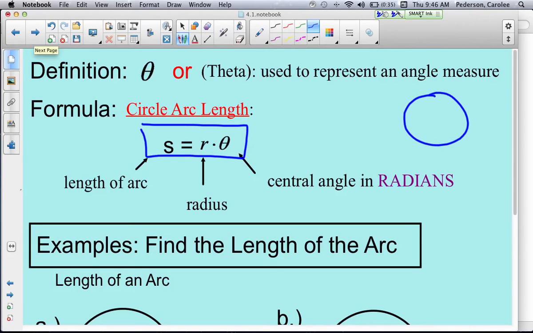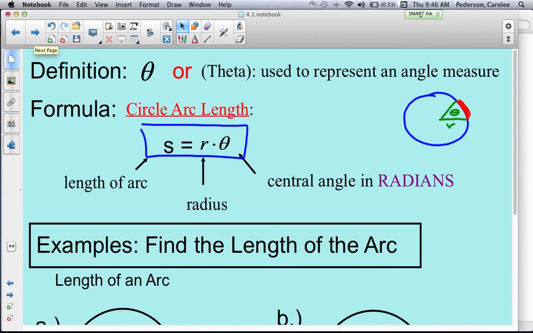You don't need to draw this picture. Let's say I give you an angle that looks like this, and then I give you a radius here. What we're looking for is how long this piece of that curved arc is. So go ahead and write the formula down along with the pieces. Make sure you notice the angle, the central angle, has to be in radian measure.